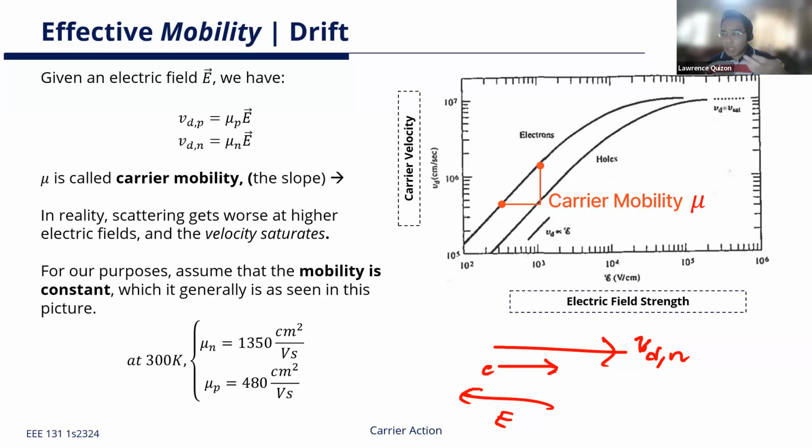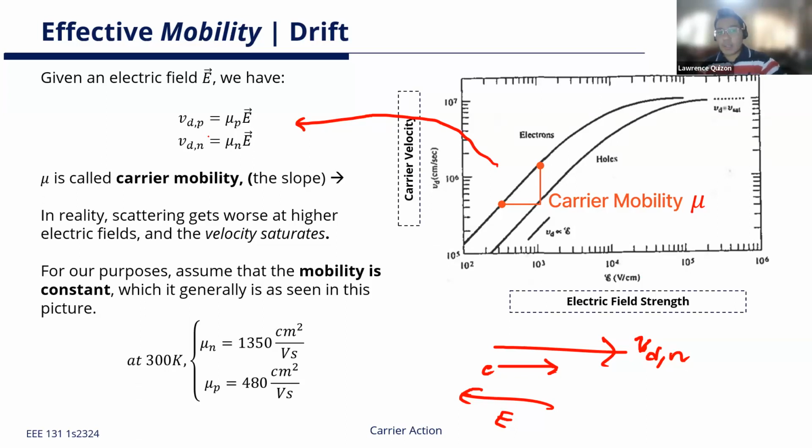The experimental physicists measured this and found this graph. It's actually quite linear. The drift velocity of the electrons corresponds in a linear fashion to the electric field strength down here. So we could build an equation of the relationship like this.